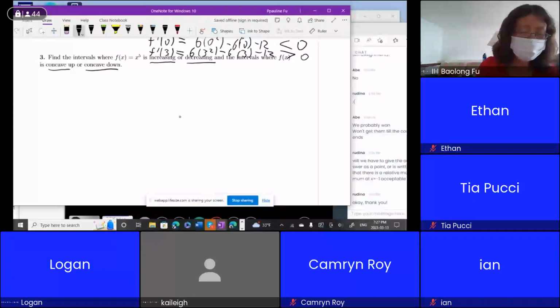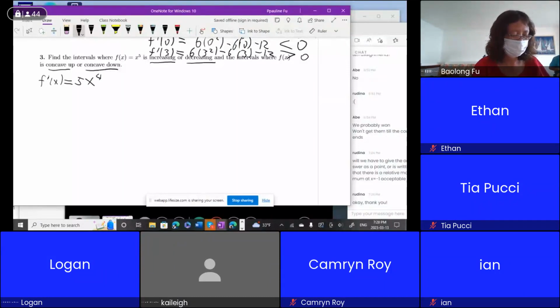The first step, find the first derivative. Calculate the first derivative first. So it is 5x^4. After you find the first derivative, let the first derivative equal to 0 and solve for x.